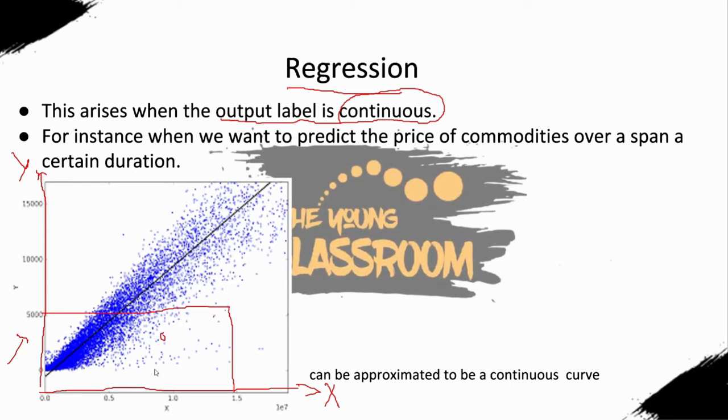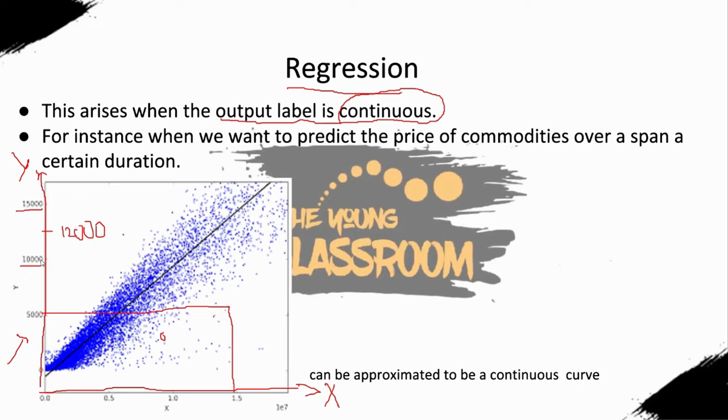Now we assume that this y is a continuous variable ranging between 0 to infinity, and in our graph we are showing values till 15,000. We are showing 10,000 over here, but between 10,000 and 15,000 there exist values such as, for example, 12,000.